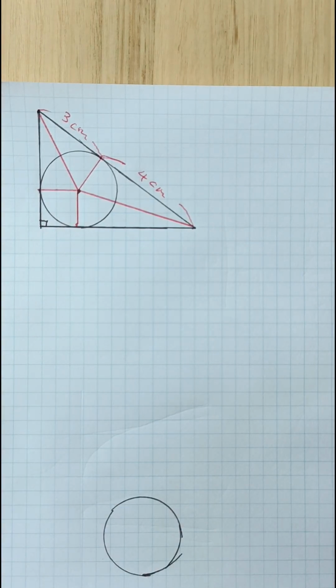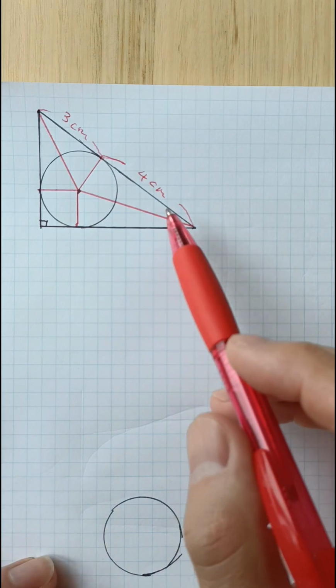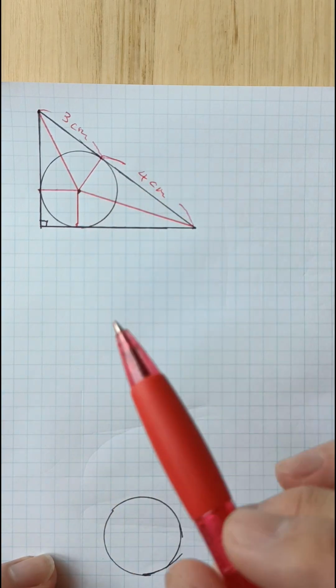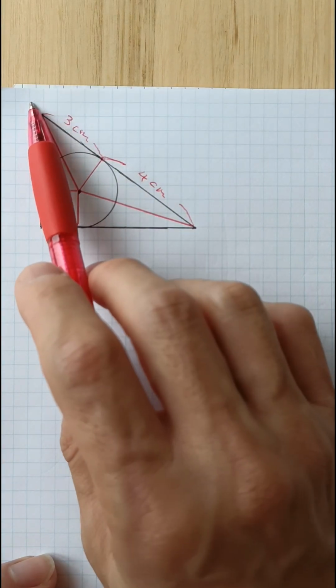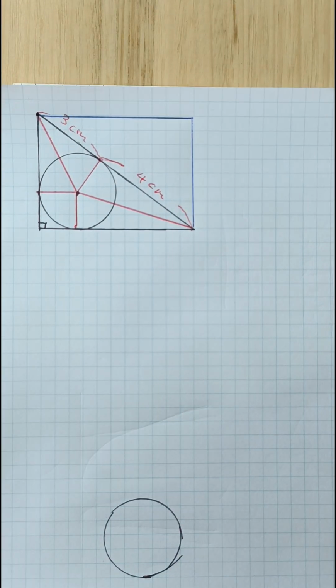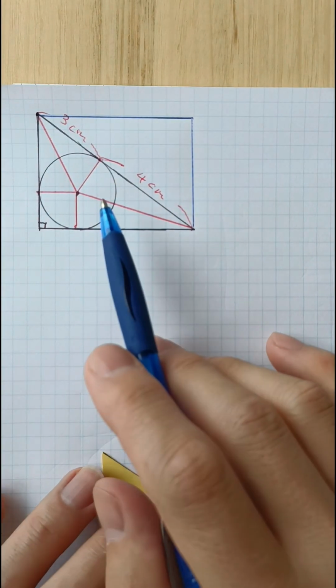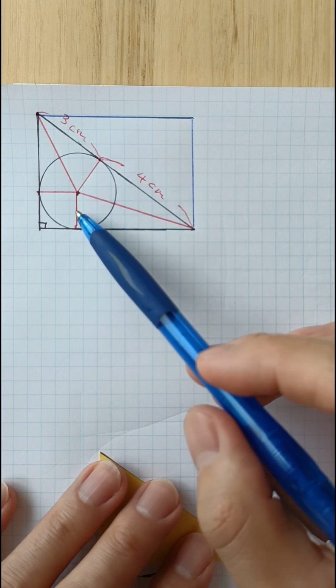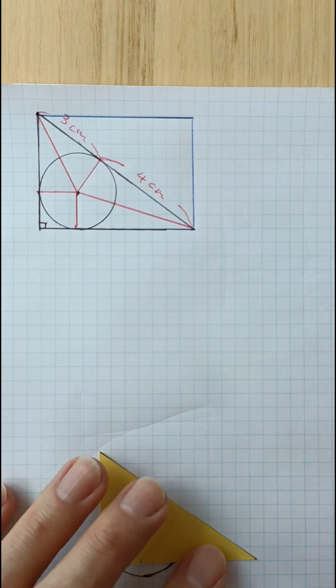So I will show you how to transform this one into a rectangle. First, I will draw a line like this. Then this one is a rectangle, which is double the size of this right angle triangle, isn't it?